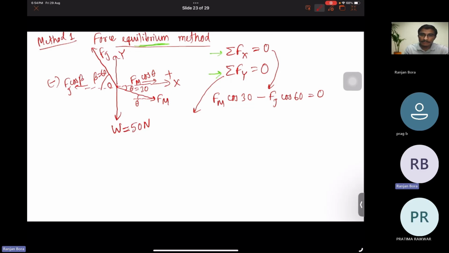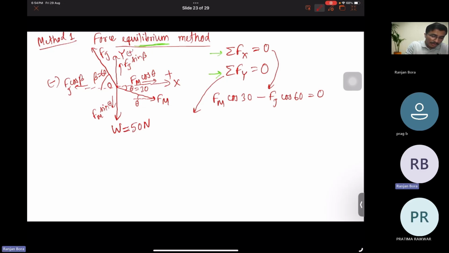Right now I don't have it, so you can wait for me to solve it. Using summation of Fy is 0, the component of Fj is Fj sine beta, and along this direction it will have Fm sine theta.